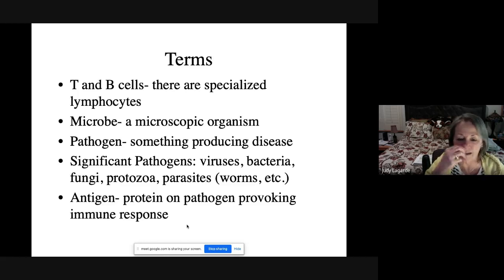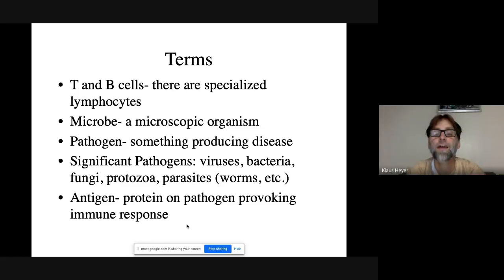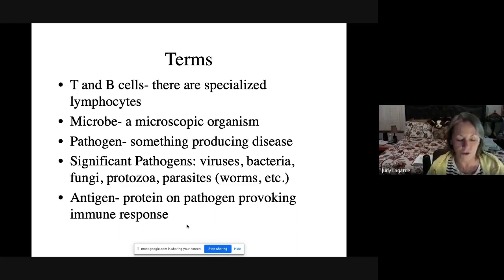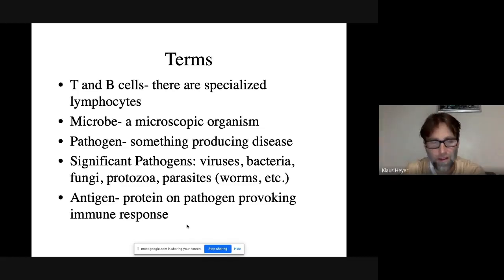I would put that in the parasite category. These things we call protists are just a group of small microscopic things like amoeba and paramecium and giardia.